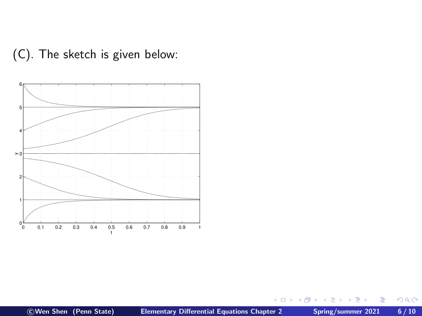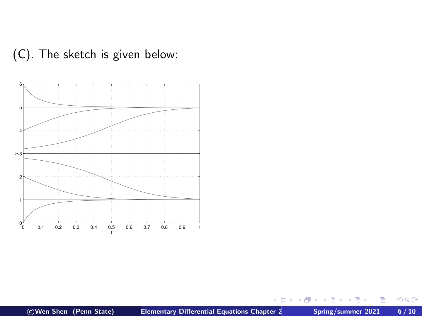Okay, now we can sketch the solution. Answer question C, which we actually knew how to do already from the study of the direction field. So this is t and this is y. So 1, 3, 5 are the three equilibrium states. So these horizontal lines are solutions.